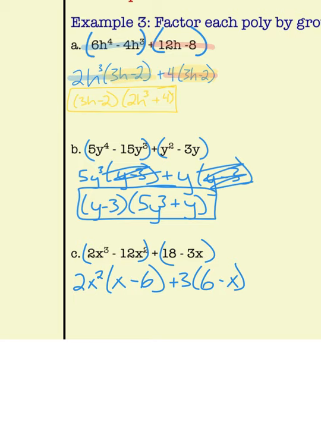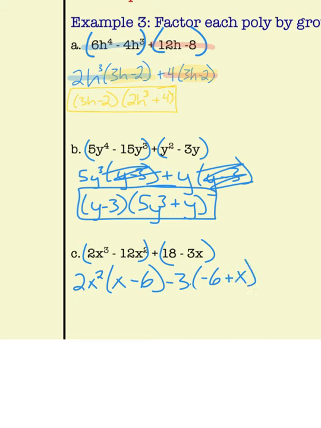How we're going to fix this, instead of factoring out a plus 3 here, we're going to factor out a minus 3. So when I factor out the negative, 18 divided by negative 3 is going to be negative 6. And then negative 3x divided by negative 3 is going to be positive x.